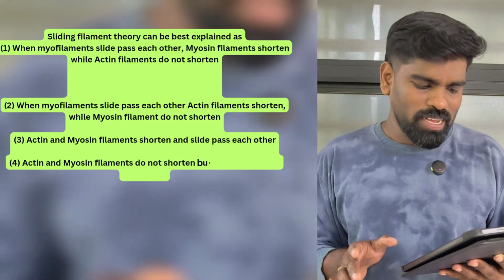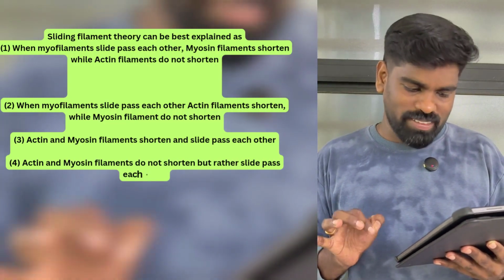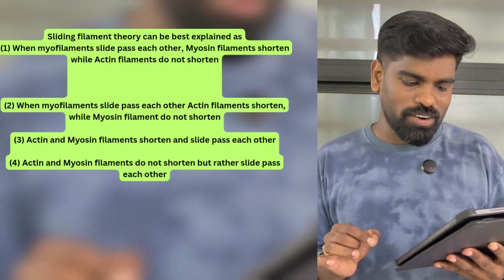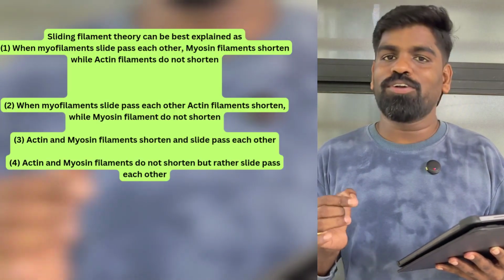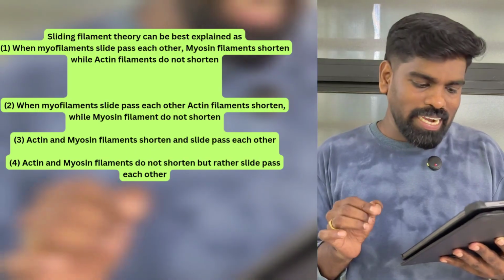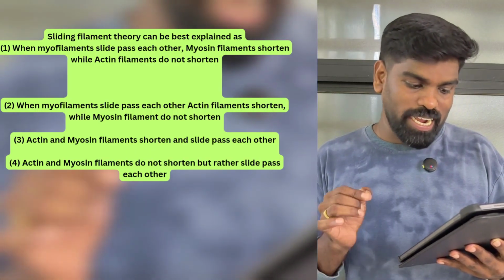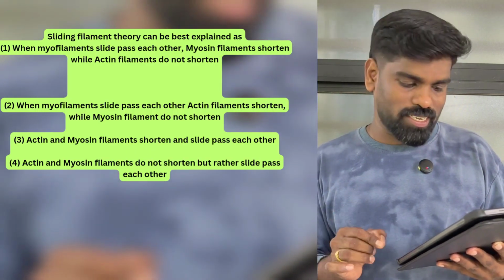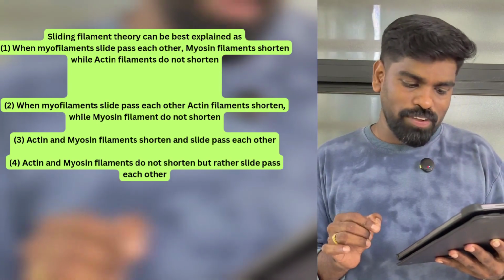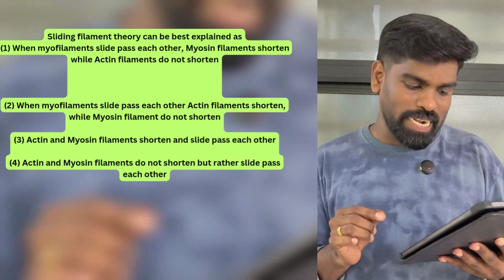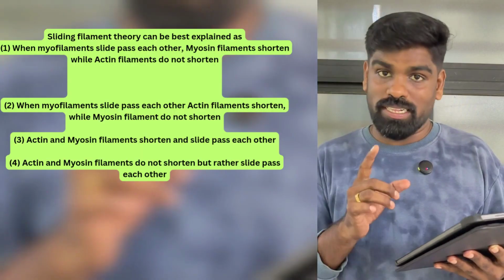That is wrong. Actin filaments shorten while myosin filaments do not shorten. Actin and myosin filaments shorten and slide past each other. Actin and myosin filaments do not shorten but rather slide past each other. That is correct.